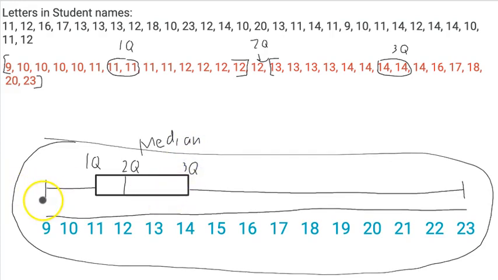The 9 is your minimum. And 23 is your maximum, or this also can be the fourth quartile, right? All right, don't just write down the initials for these things. Make sure that you know what it is, and if you need to, make a little key. Q equals quartile.